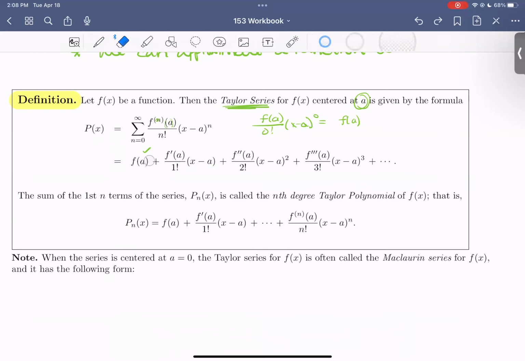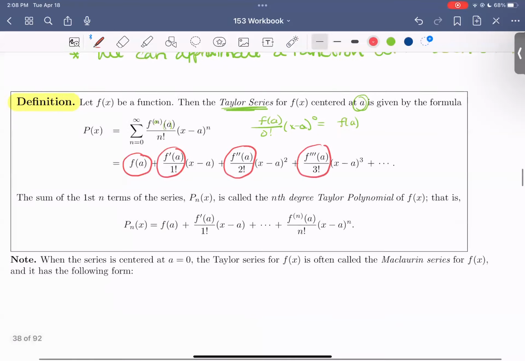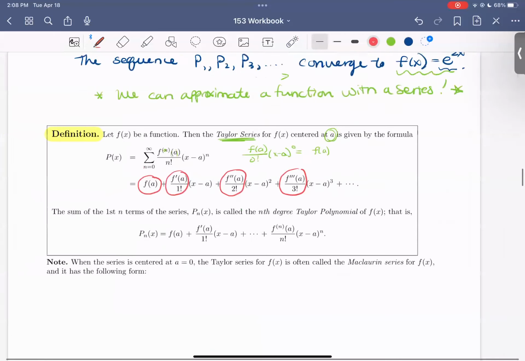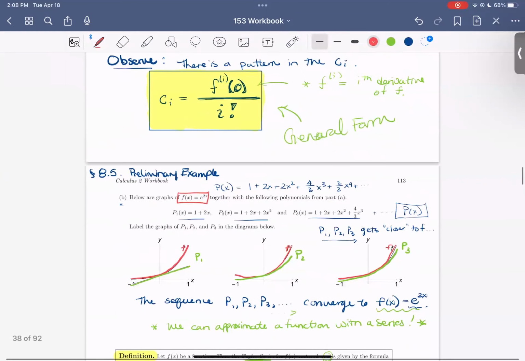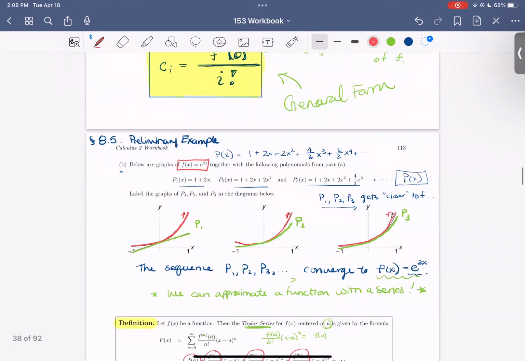So recall in our example in part A, we saw similar forms in these coefficients. You can look back at that formula that we found: the ith derivative of f evaluated at 0 divided by i factorial.